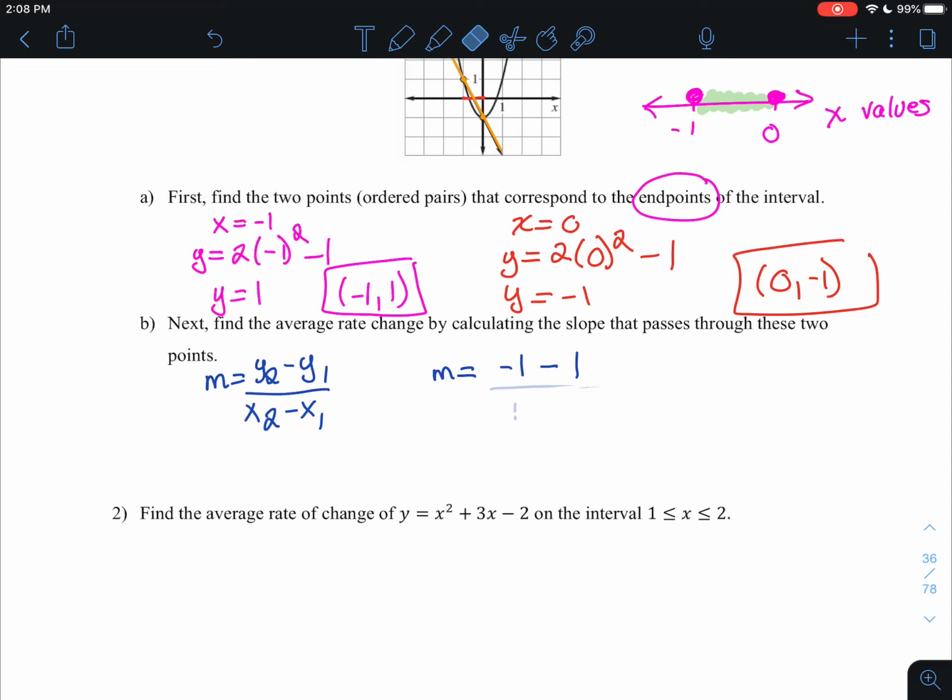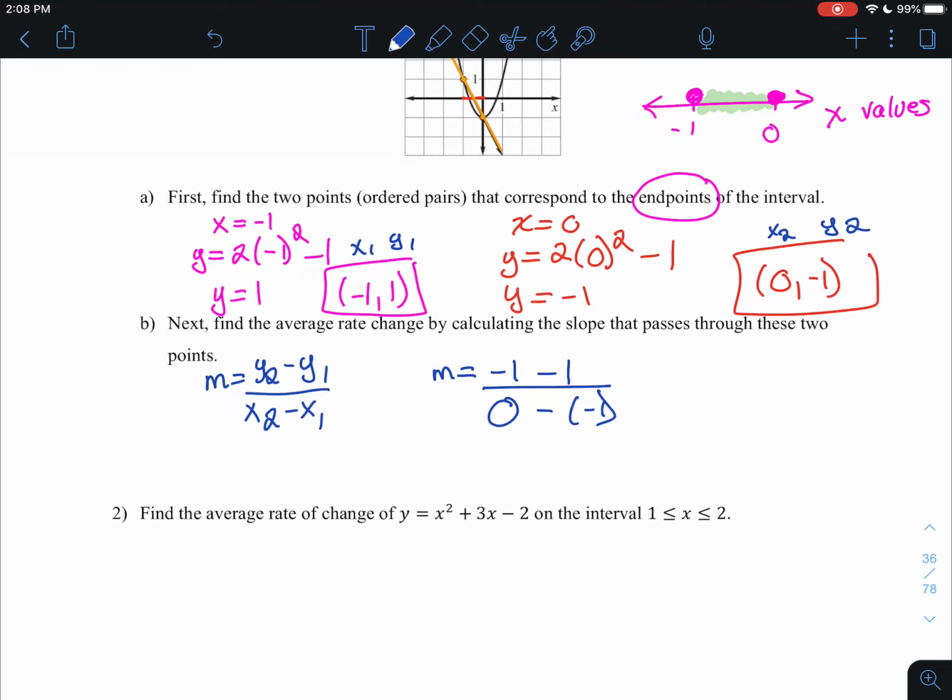I think I misspoke. So let's call this one x1, y1, x2, y2. Okay, so y2 minus y1 is -1 minus 1 over 0 minus -1. Sorry about that. When all the numbers are ones, it becomes very confusing, which is why it's always helpful to label your numbers so you don't accidentally mess it up.